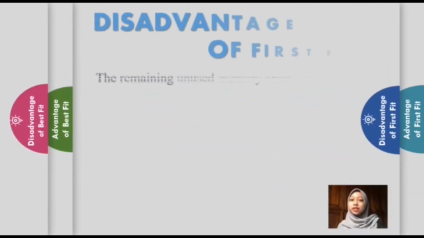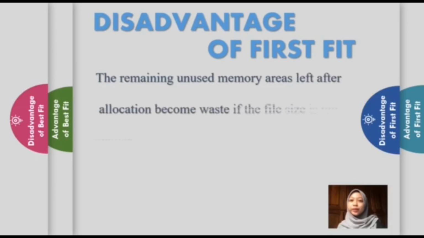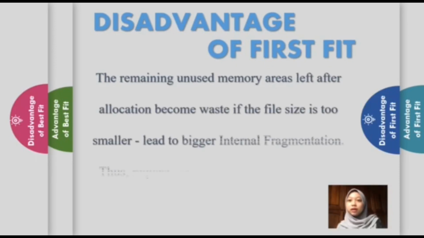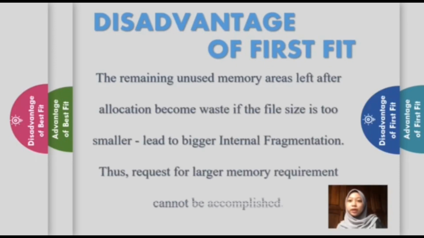Then the disadvantage of first fit is that the remaining unused memory area after allocation becomes waste if the file size is too small compared to the memory block size. This situation can lead to a big internal fragmentation. And then the next file request for a larger memory requirement cannot be accomplished.